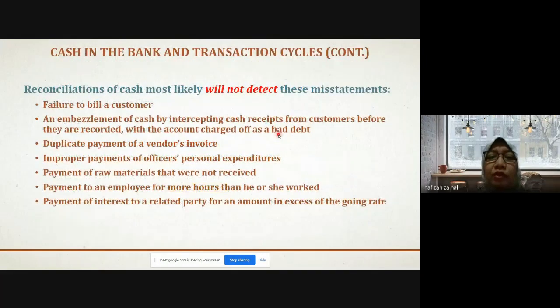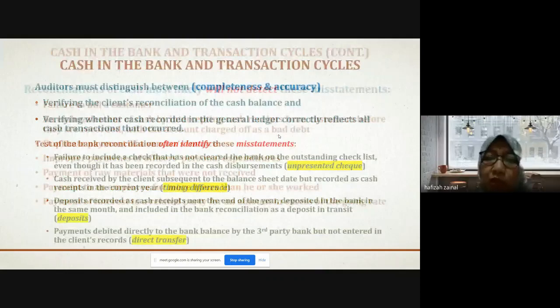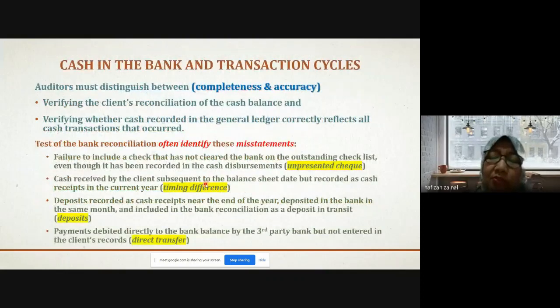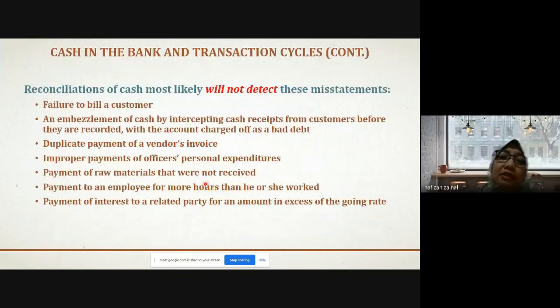But there are things we will not detect. Just now is what we detect while doing the bank reconciliation, and this is what we will not detect when we do reconciliation. We will not be able to check whether we have actually missed billing a customer. We also cannot directly check embezzlement of cash.